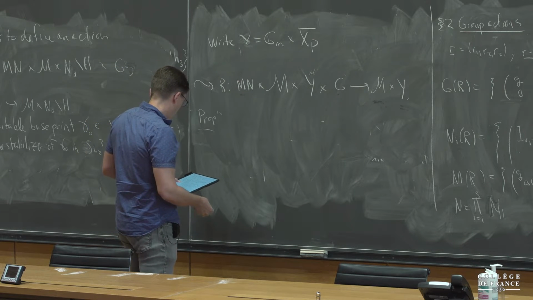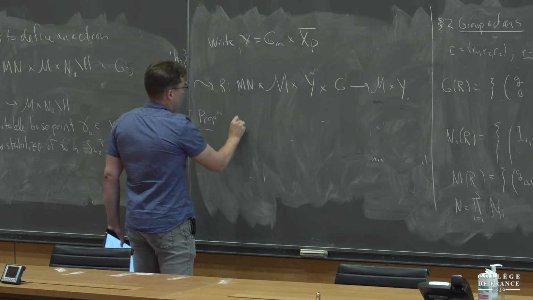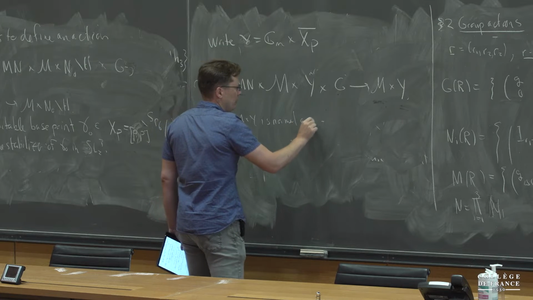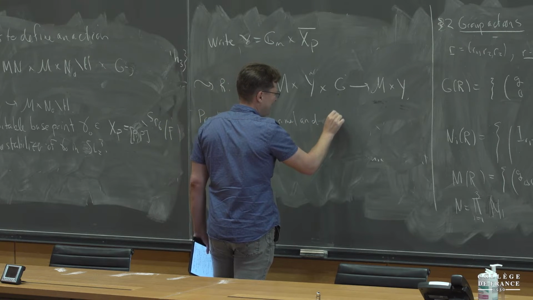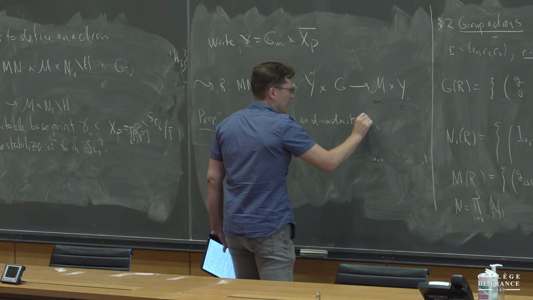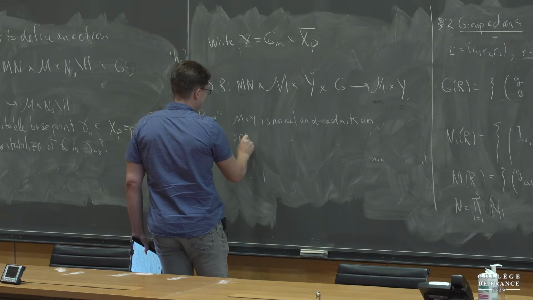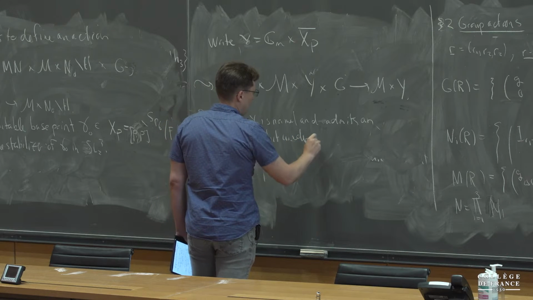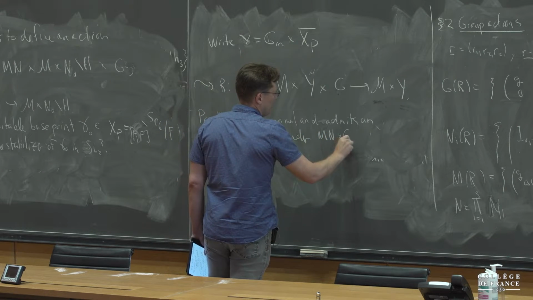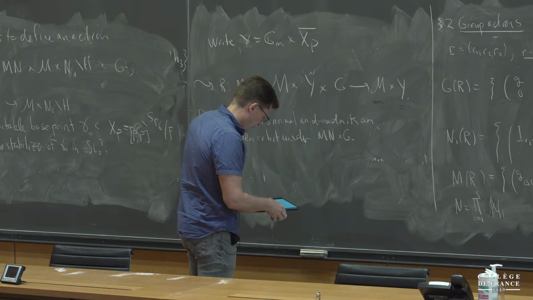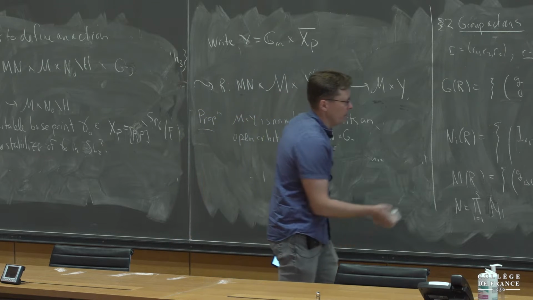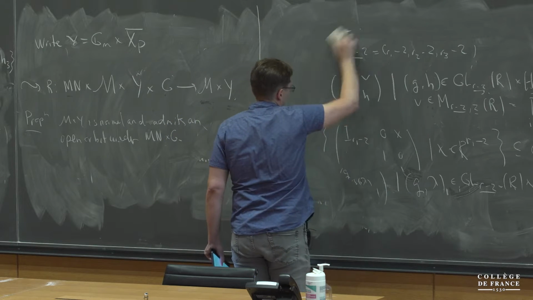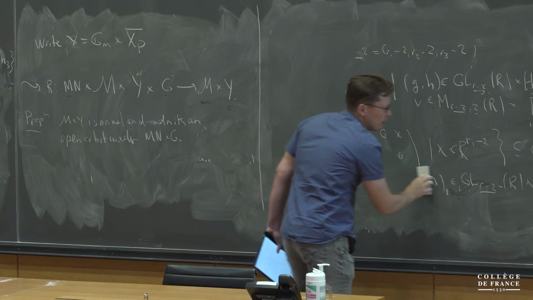So just a nice thing to check is that M cross Y is normal and admits an open orbit under Mn cross G. Okay. So if you'd like it spherical under the action, if you want to extend the definition.